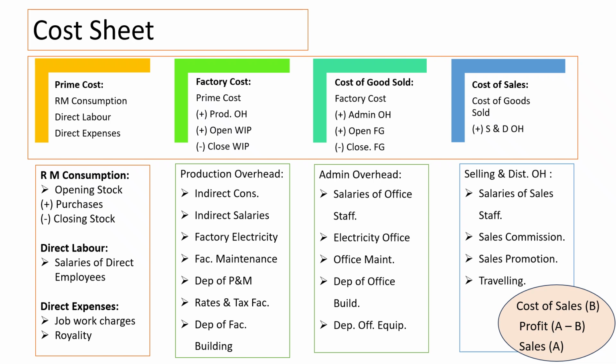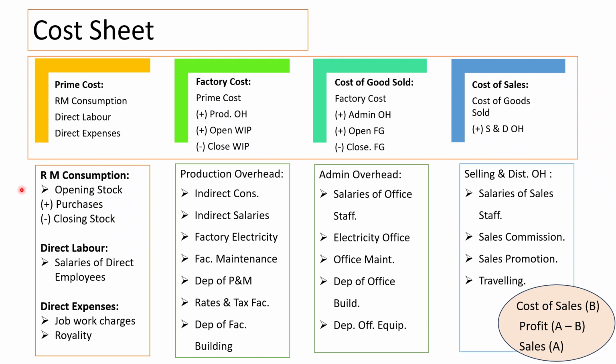In the cost sheet, the total cost is categorized under the following heads, that is prime cost, factory cost, cost of goods sold, and cost of sales. Prime cost means the sum of raw material consumption, direct labor, and direct expenses. What does raw material consumption mean?